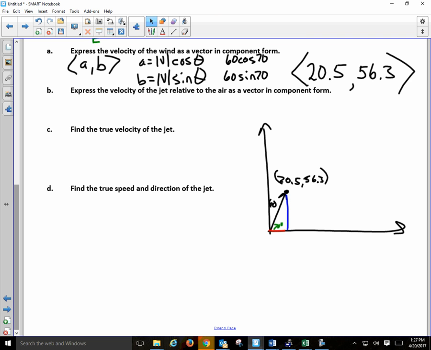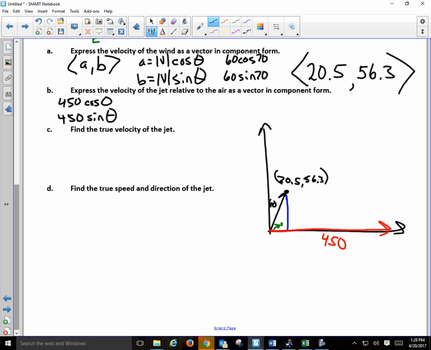Well, what is the speed of the jet? 450. This one is easy to calculate. What's the angle formed? 0. So you have 450 times the cosine of 0 and 450 times the sine of 0.